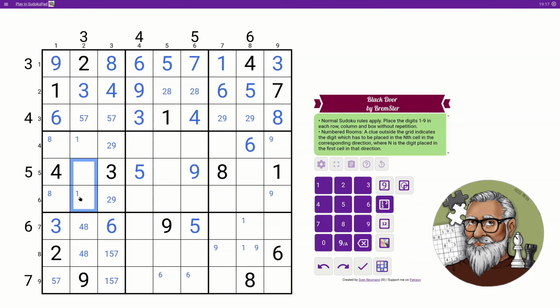So one of these is a 6. Okay, what about 7? Oh, we don't have a lot of 7s. 8 we just did, yeah. And 9, we've pencil marked everything with 9. Okay, so that's not it.